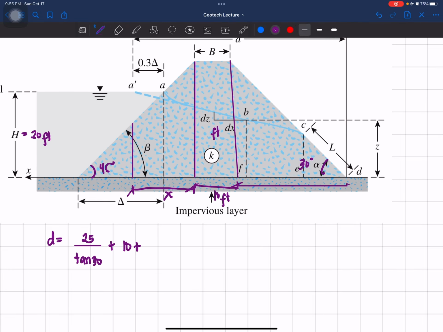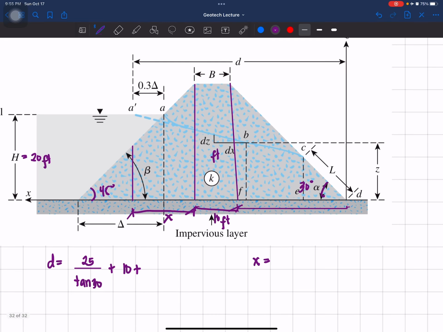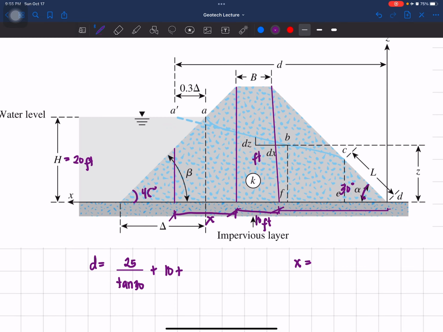Okay, so your X distance is actually equal to, okay, so meron tayong 0.3 delta dito. This one, we have 0.3 delta here. So, kailangan din nating kunin yon. Okay? So, what we can do is actually use trigonometry again to solve for the x distance.